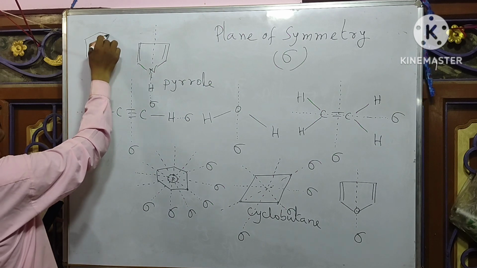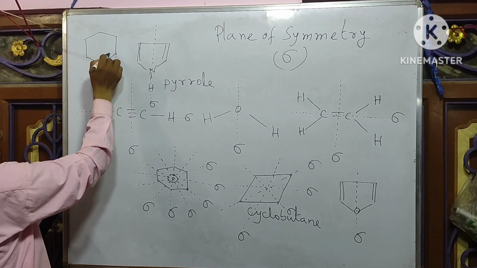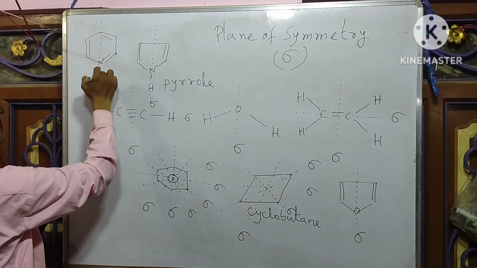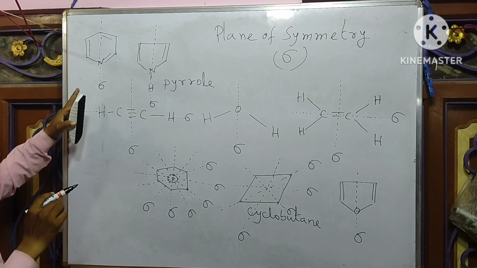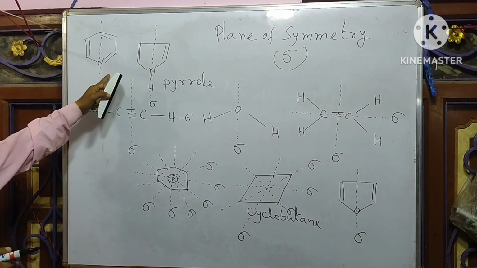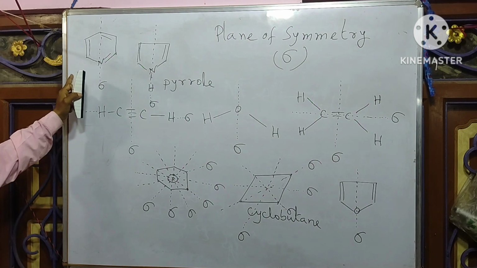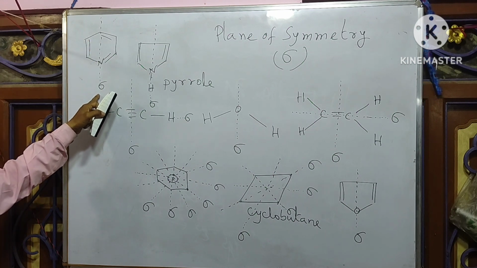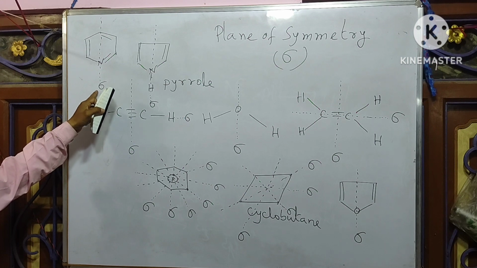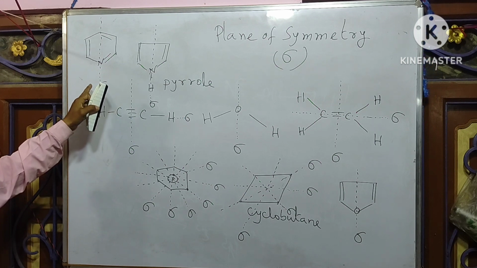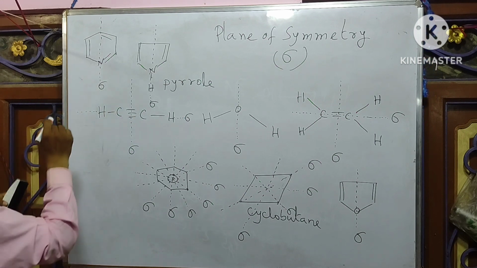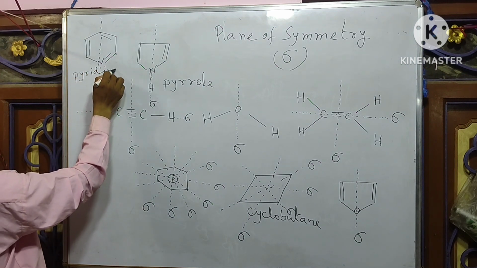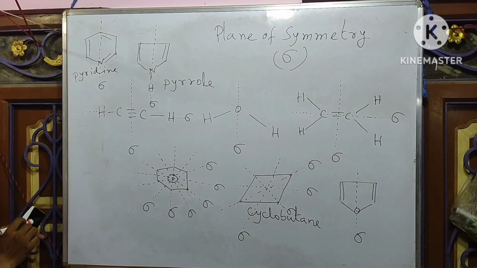Consider the case of pyridine. The plane passing through the dotted line divides the molecule into 2 equal halves, each being a mirror image of each other. Hence, this plane can be considered as a sigma plane of symmetry for the pyridine molecule.